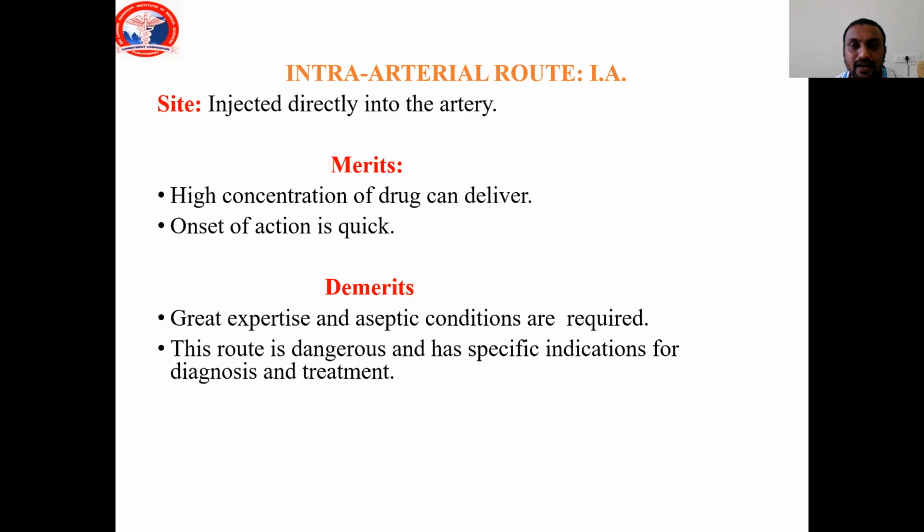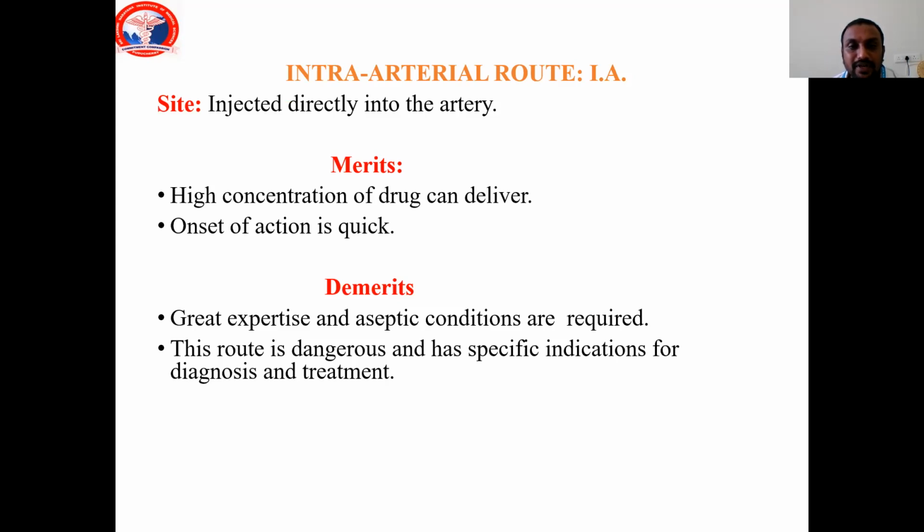Coming to the intra-arterial route, the drug is injected directly into the artery. The merits of this route are that a higher concentration of drug can be delivered and the onset of action is quick.